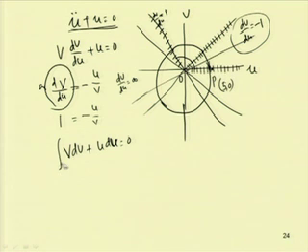By integrating this equation, integration of v dv plus integration of u du, one gets a constant.